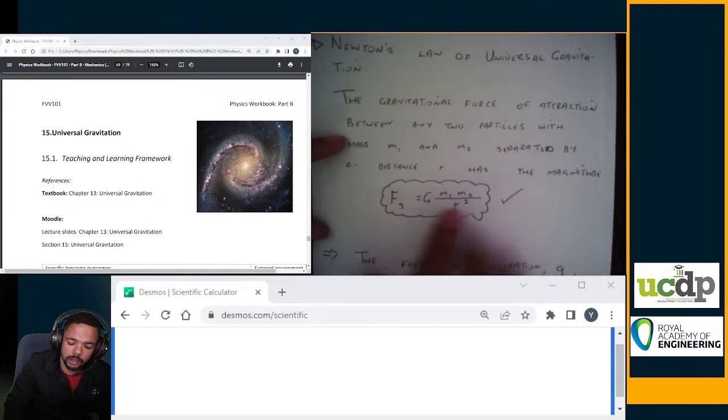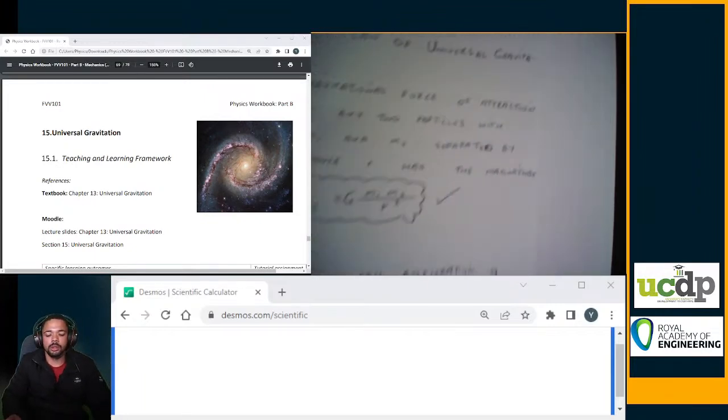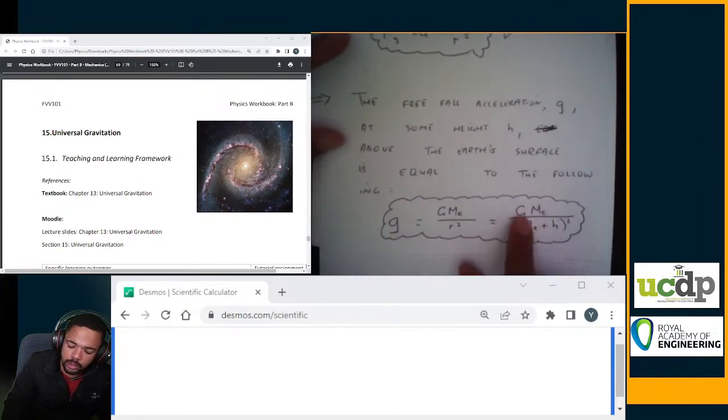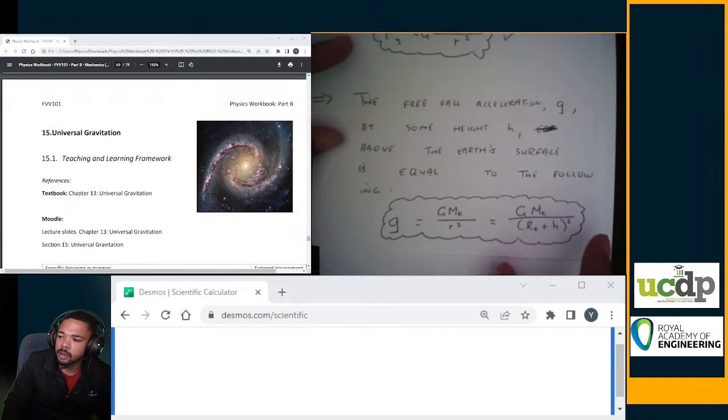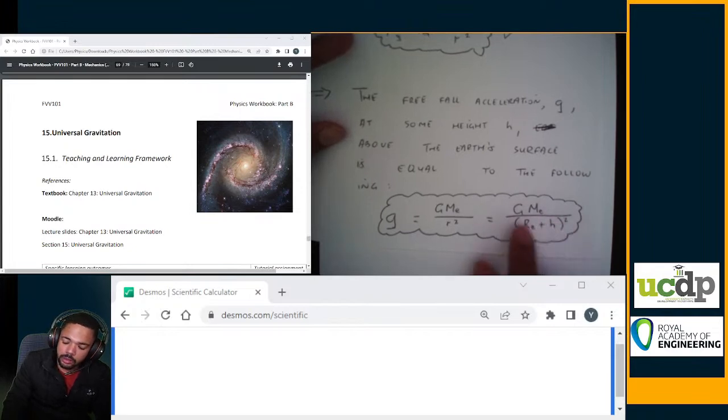So basically the force between any two particles m1 and m2 is equal to the gravitational constant multiplied by the product of their two masses divided by the distance squared between the two particles. Also, the gravitational acceleration g is equal to the gravitational constant multiplied by the mass of the earth divided by the radius of the earth plus the height above sea level, that whole sum squared.